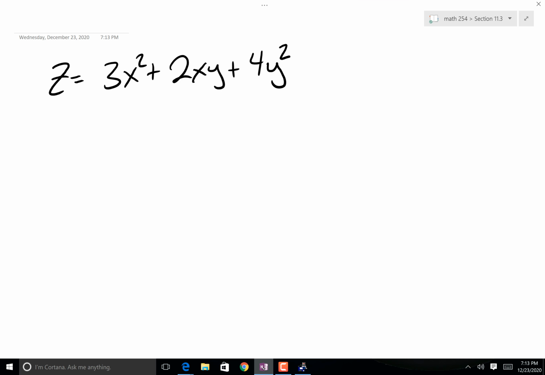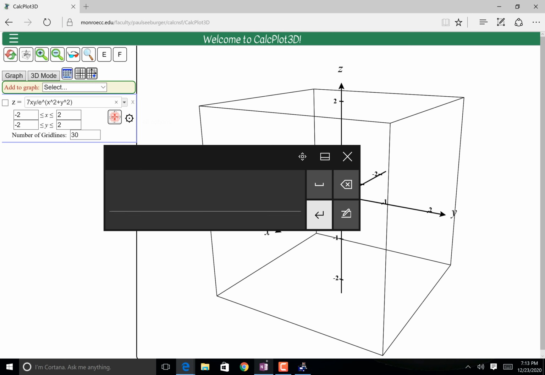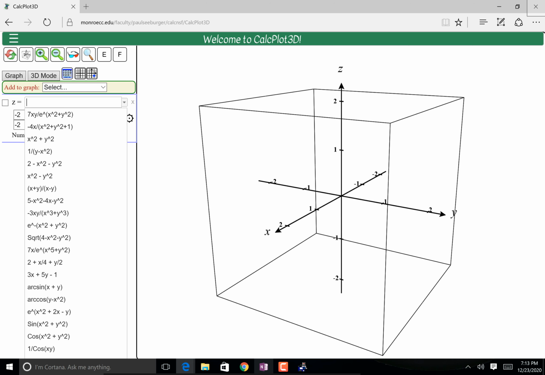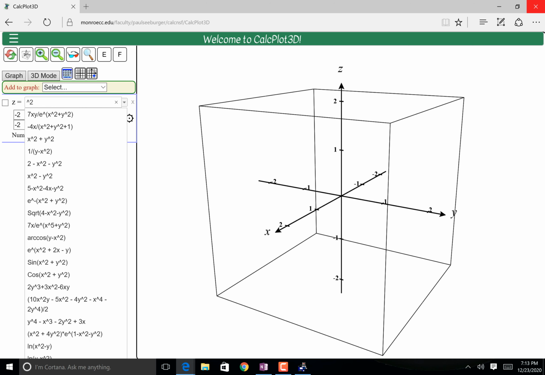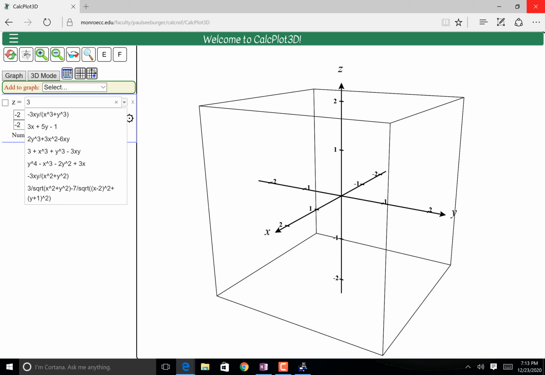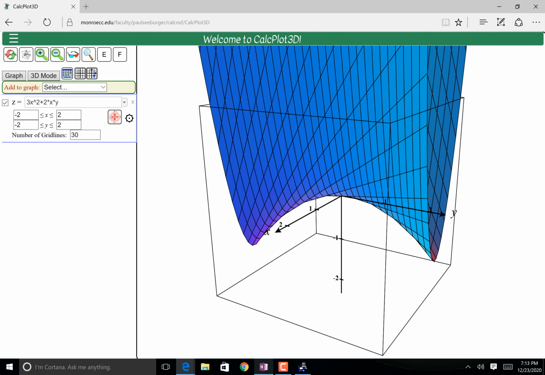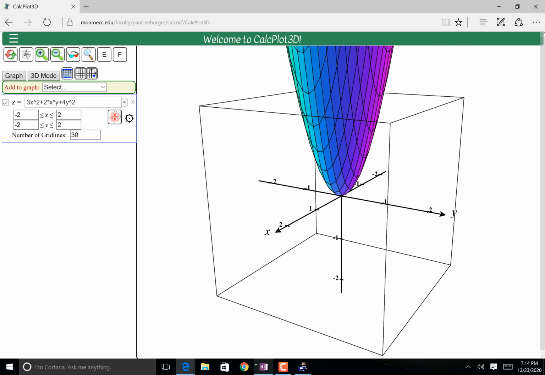So it was 3x squared plus 2 times x times y, I think is what I had. Yep. Plus 4y squared. Kaboom.